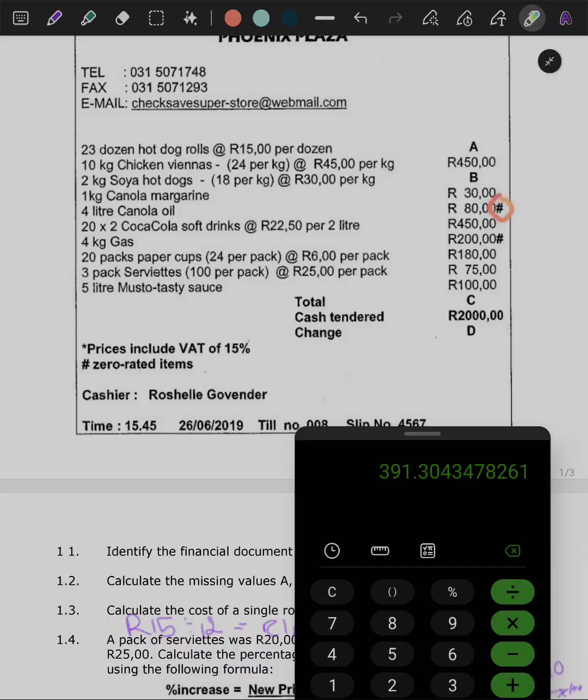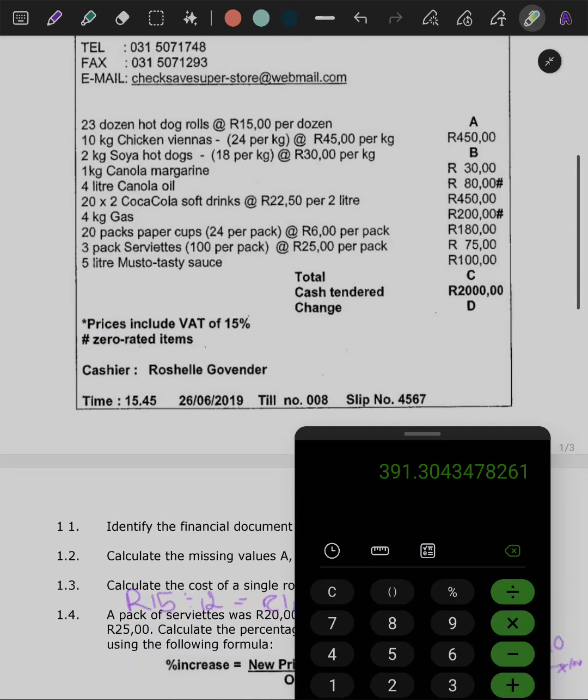And we have one over here and one over here. So that means the canola oil, or the other option is the gas. Those are the only 2 things that we're going to accept for zero-rated on this till slip. Do not start going into a whole thing of going, but hot dogs or rolls are food items, so they're not going to be charged VAT. A lot of food items are charged VAT.